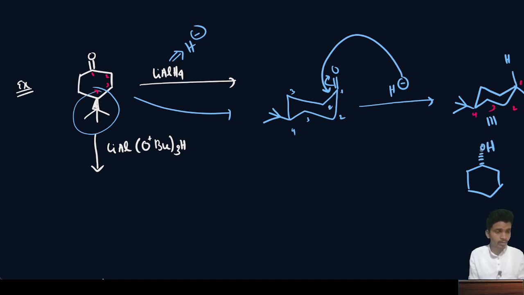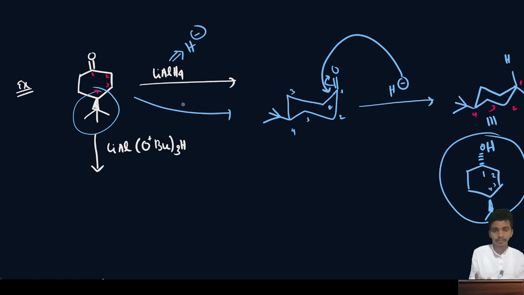And at position 4, this group is there. Here also at position 4 it is there, so simply mention it at position 4. So this is the final answer for this question.